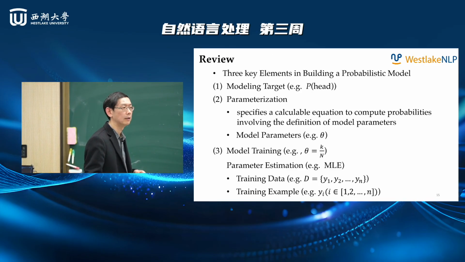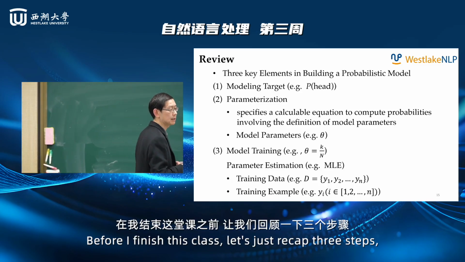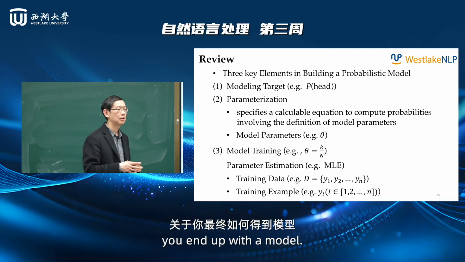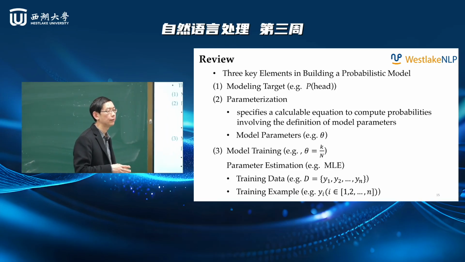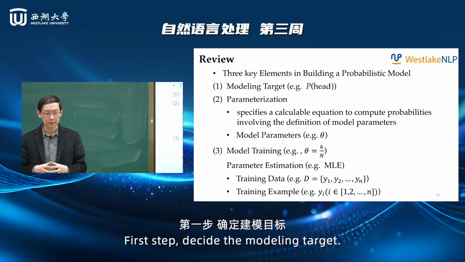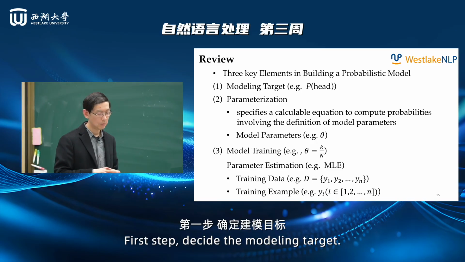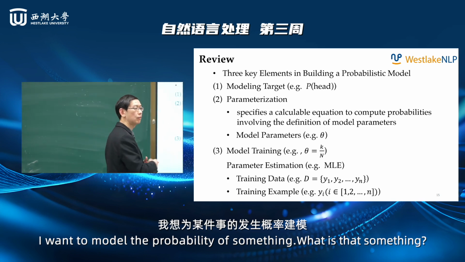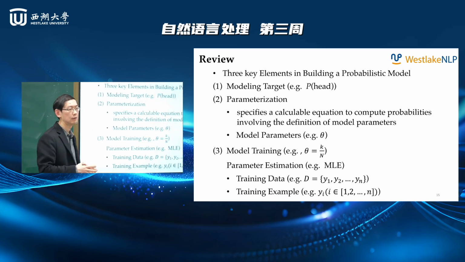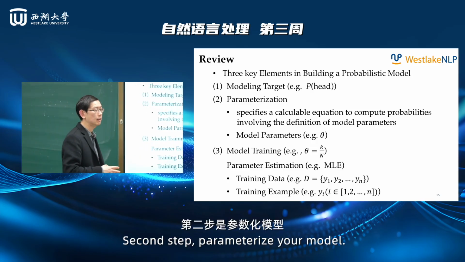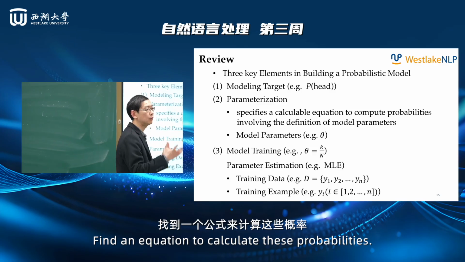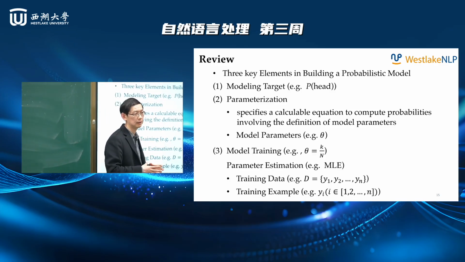All right. Before I finish this class, let's just recap 3 steps you need to end up with a model. First step, decide the modeling target. I want to model the probability of something. What is that something? Second step, parameterize your model. Find an equation to calculate these probabilities.